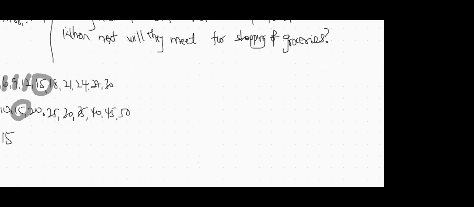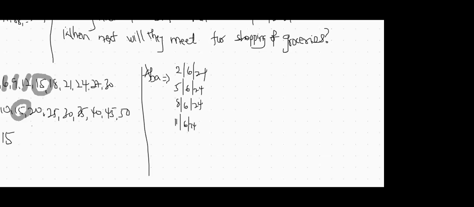Okay, so now let's see Abba. If Abba goes to the market on the 2nd June, then he will go again on the 5th June, then the 8th June, then the 11th June, 14th, 17th, 20th June, 23rd, 26th June, 29th June.